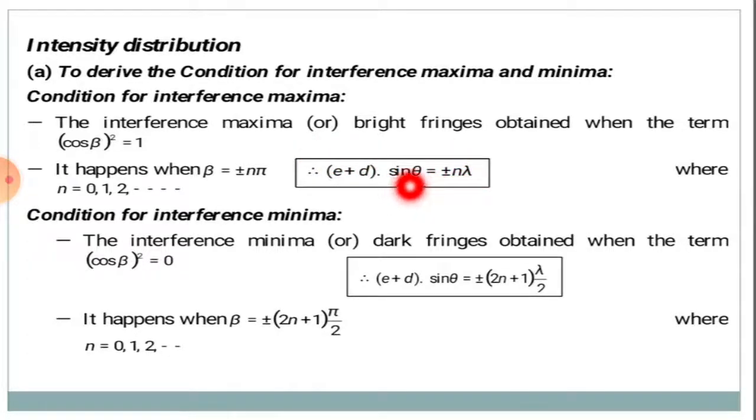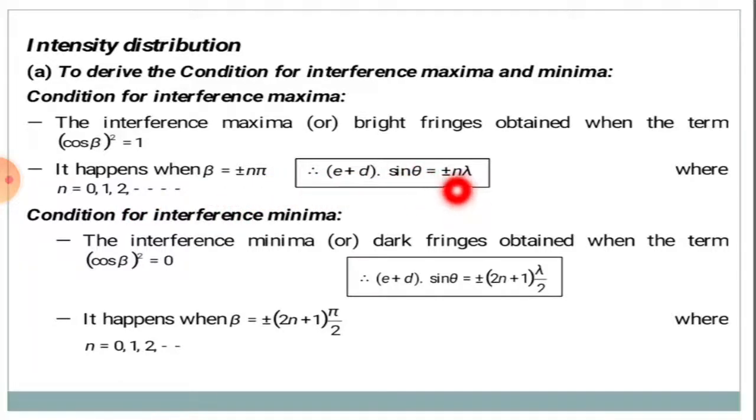That is, (e plus d) sin theta gives the path difference between the waves diffracted at two slits. So, when the path difference between the waves diffracted from two slits is an integer multiple of the wavelength, we get maximum intensity in the interference pattern. Here the range of n is 1, 2, 3 and so on.